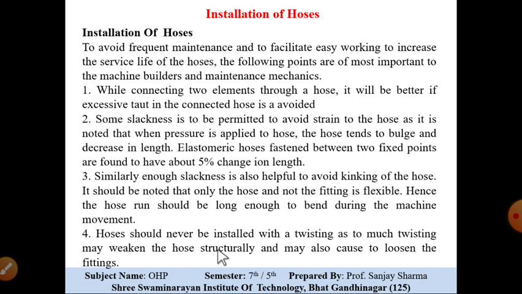The intermediate layer is the reinforcement of cross woven steel wires. So sometimes unnecessary twisting develops internal stress in those cross woven wires, and the hose may fail within some duration of time. So it is very important that there should not be excessive twisting, which weakens the hose structurally.